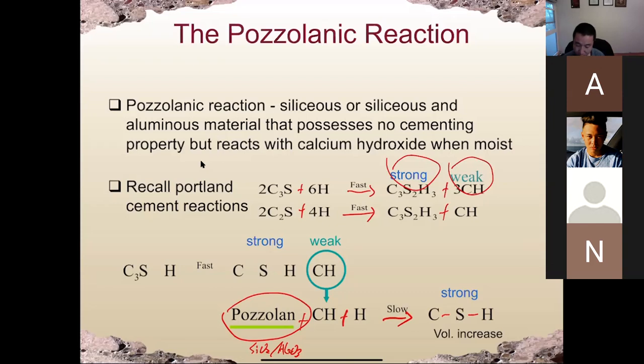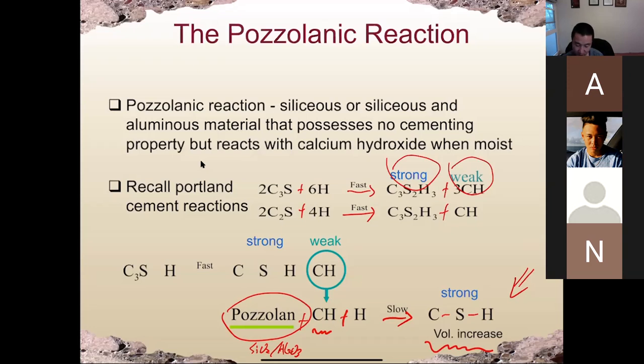Okay, so this reaction is called the pozzolanic reaction. It will transfer the weaker calcium hydroxide into stronger CSH. And also because CSH is insoluble in water and calcium hydroxide is soluble in water, that will increase the durability of concrete.